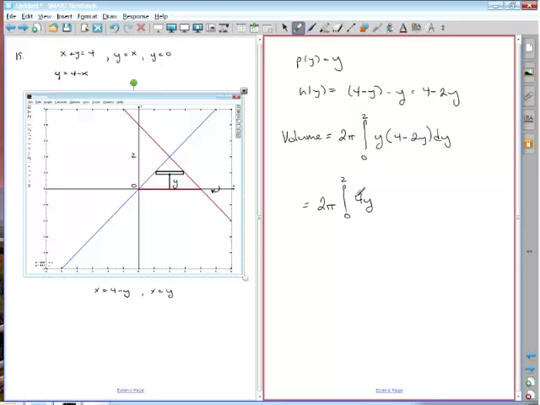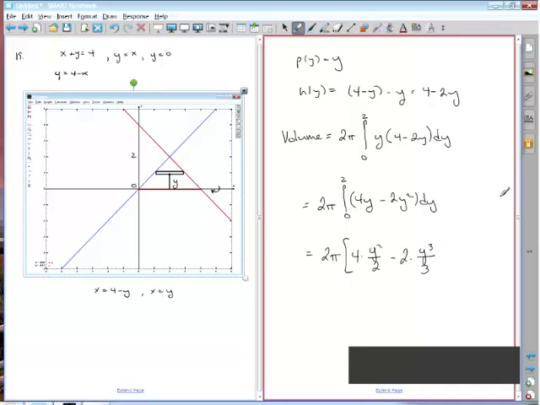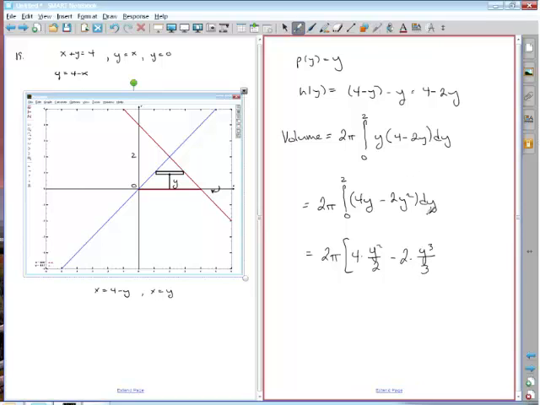We'll end up with 4y minus 2y squared, the whole thing times dy. We integrate. So we'll get 4 times y squared over 2 minus 2 times y cubed over 3. And then we'll evaluate that between y equals 0 and y equals 2.